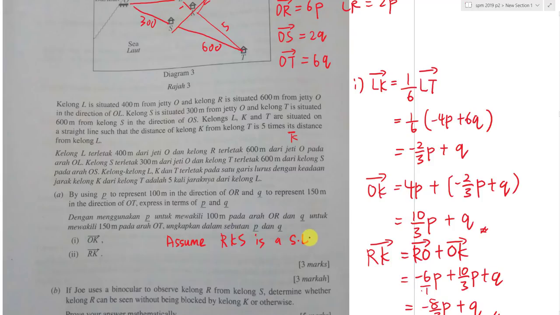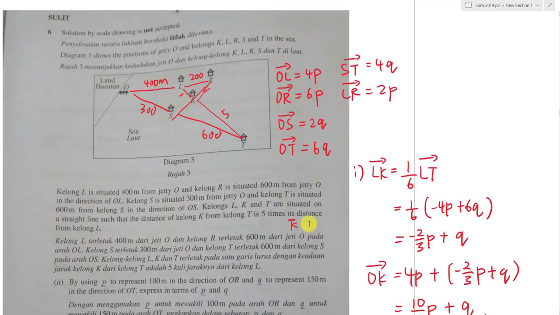If RKS is a straight line, we already have RK, right? So it's not hard for us to find RS. I will use two vectors here. I will use RK because we already found it just now, and then I will use RS. RS here is not hard to find. I will not choose the KS, because it's going to take me some time to figure out. I just need to know what RS is.